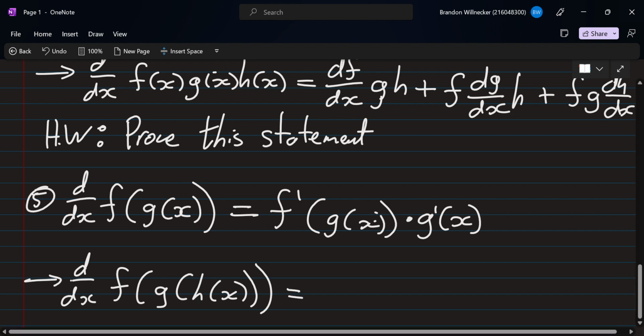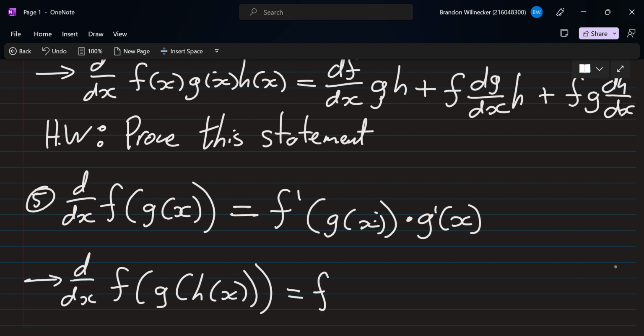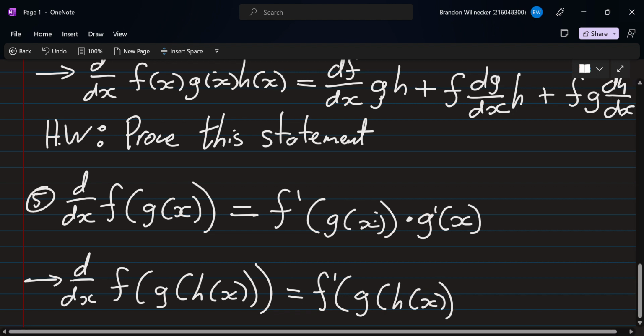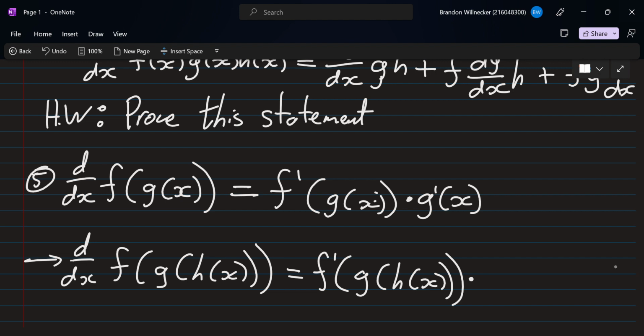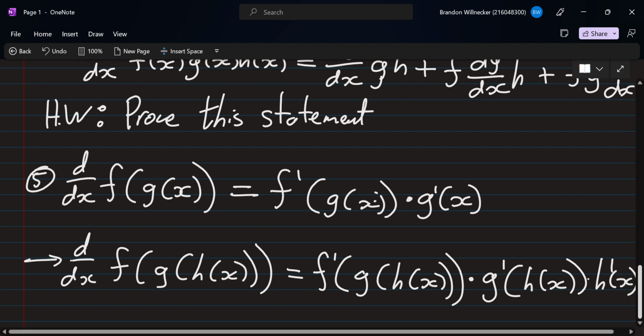We look at the outside function, which is f, we differentiate that, and then the inside stays the same, so that's g of h, times, and then we differentiate the inside part, but the inside part is just a composition of functions like we had before, so we can just apply that rule. So then this will be g prime of h of x times h prime of x. Very similar to what we have in the previous line.